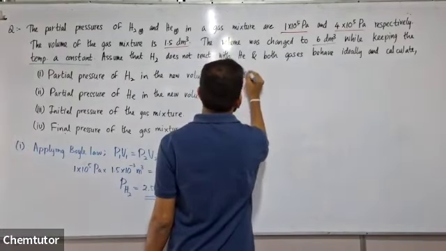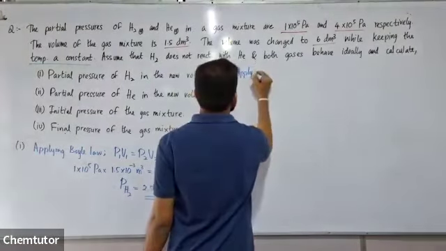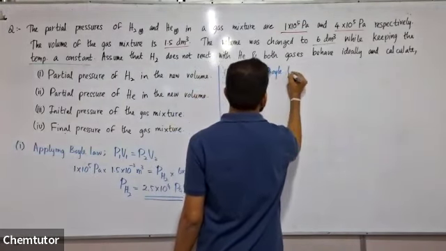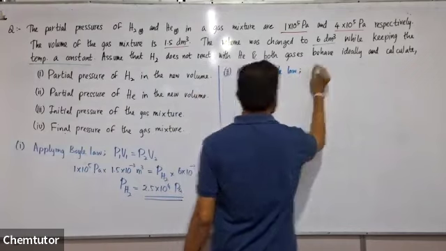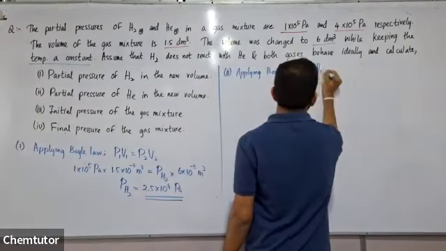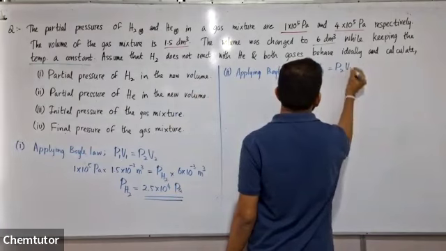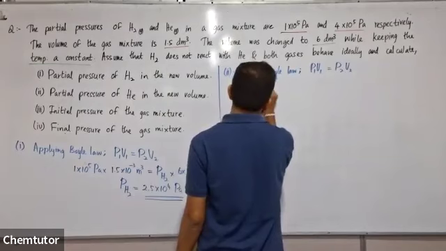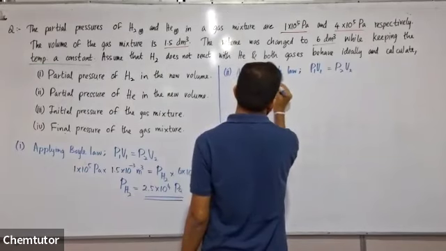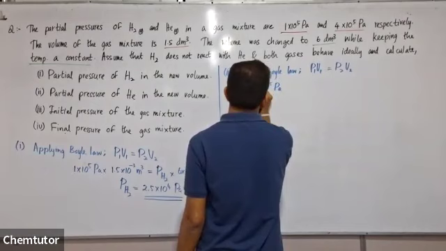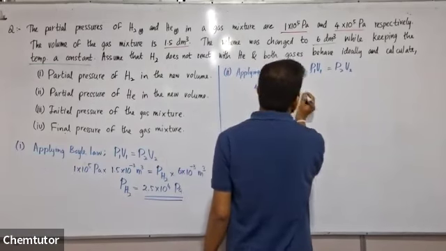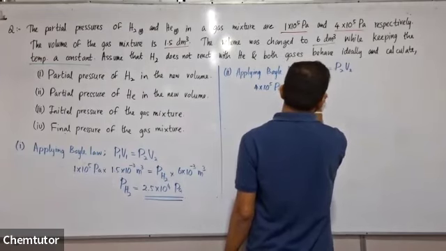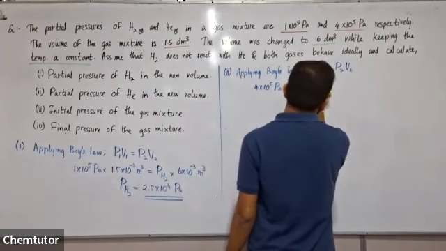By applying Boyle's law, P1 V1 equals P2 V2. 4 into 10 to the power 5 pascals is the pressure, and the initial volume was 1.5 cubic decimeters, that is 1.5 into 10 to the power minus 3 cubic meters.